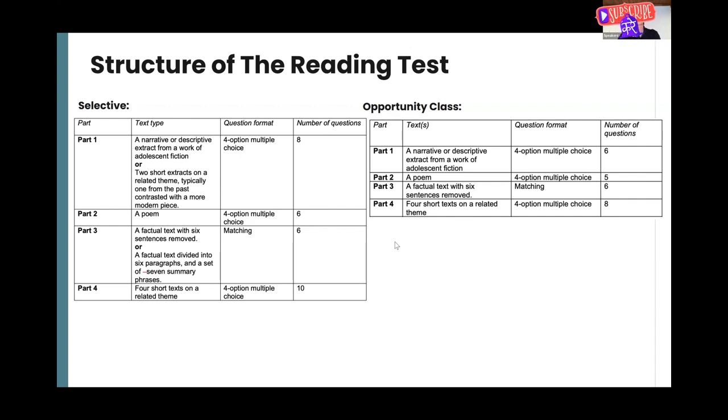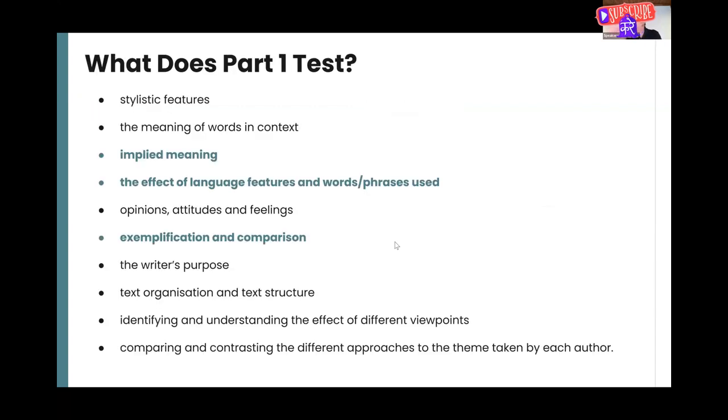All right, so the department says that all of these dot points are the possible things that can be questioned in part one. I'm not going to go through all of them, but the most important ones that I want to talk about now are implied meaning, the effect of language features and words and phrases used, and exemplification and comparison.